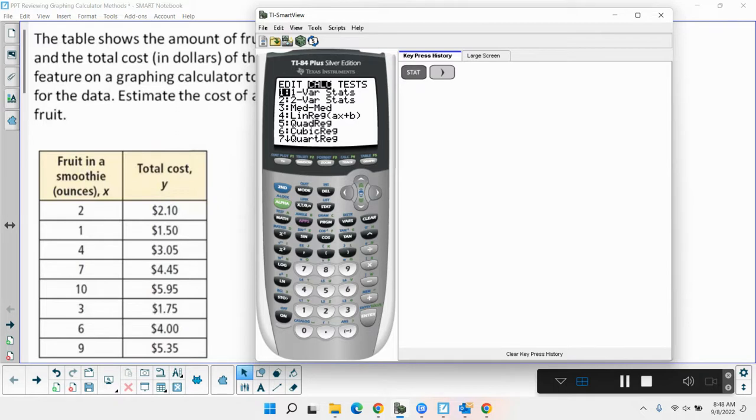And remember, this is called a linear regression. That's number 4. So you can hit your down arrow key to get to 4, or just hit the number 4. I like to hit the number. Okay, and then I have to hit enter. And that should give me the information I need.